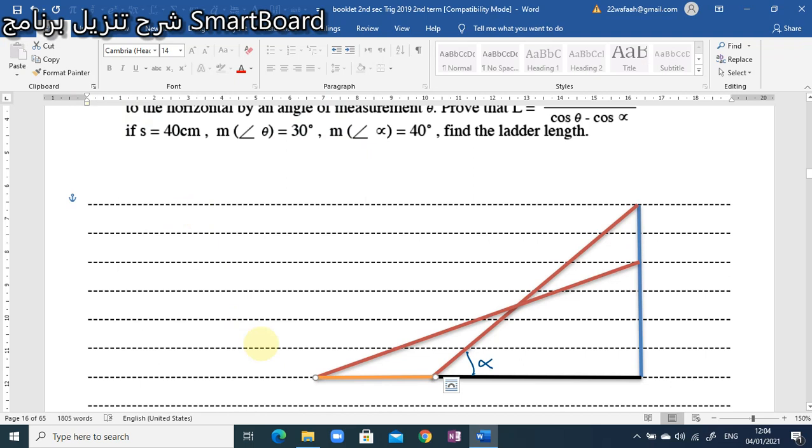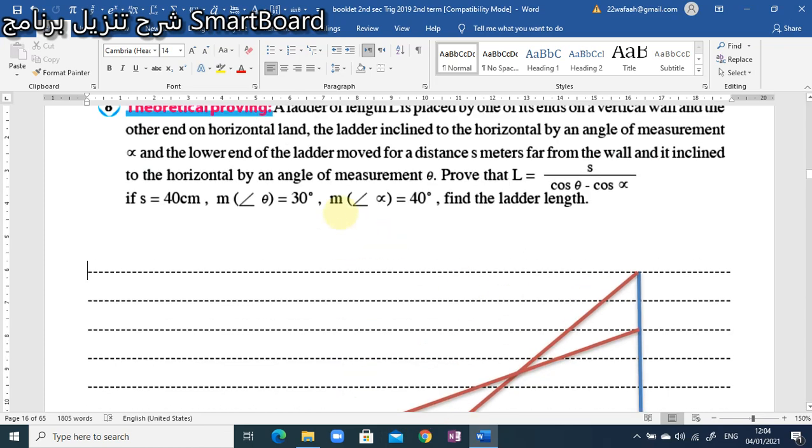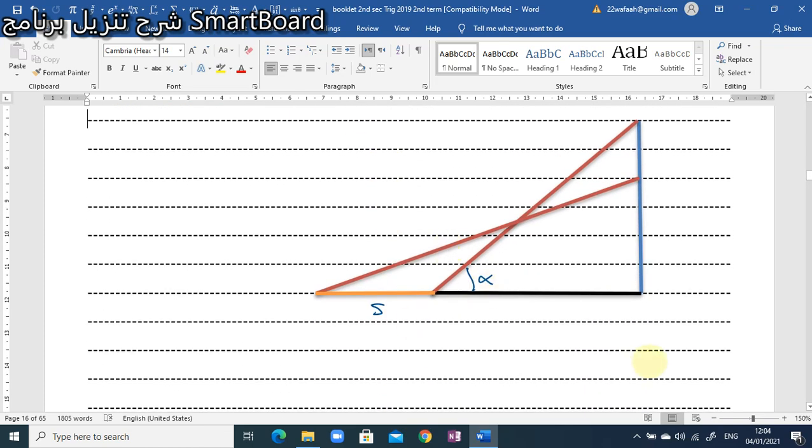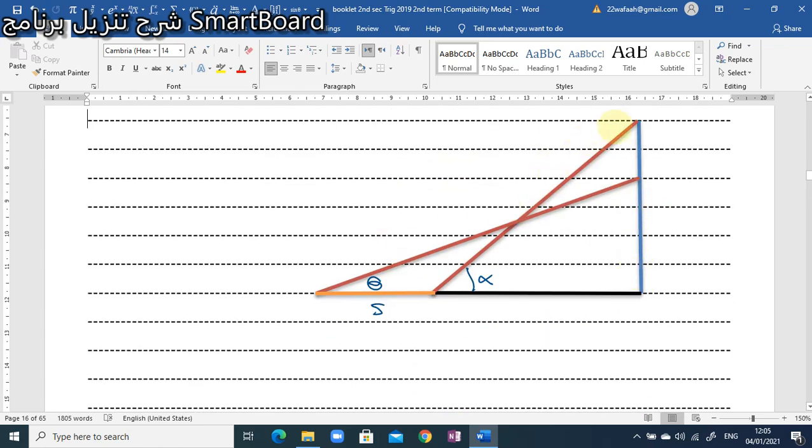The angle changes from alpha to theta, and the length of the ladder in two cases is L. So the red line is L in two cases.